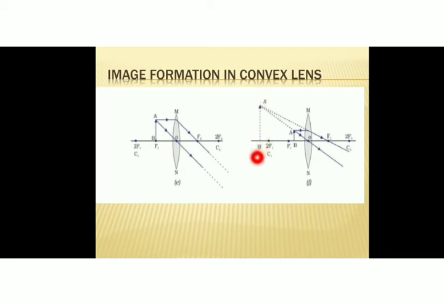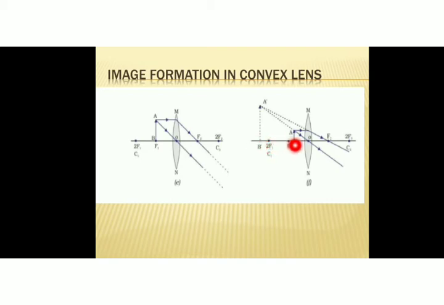So this is not a real image. It is a virtual image because the refracted rays are not actually intersecting here. We make them meet here. Okay, so this is a virtual image. Since it is a virtual image, it will be erect. And what about the size? Yes, it is enlarged because it is bigger than the object.